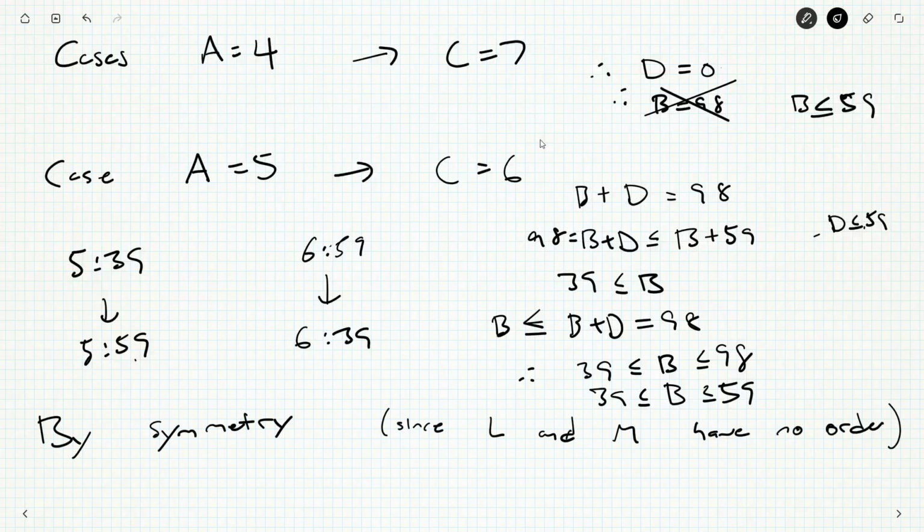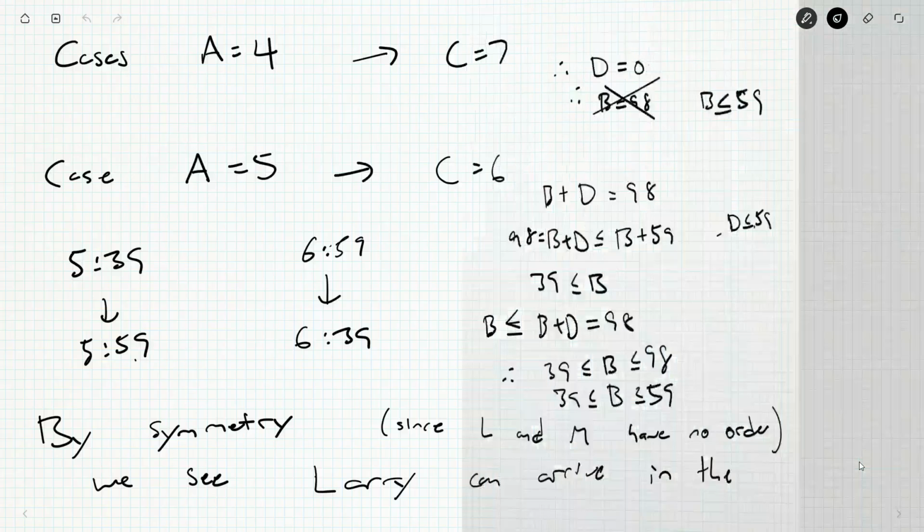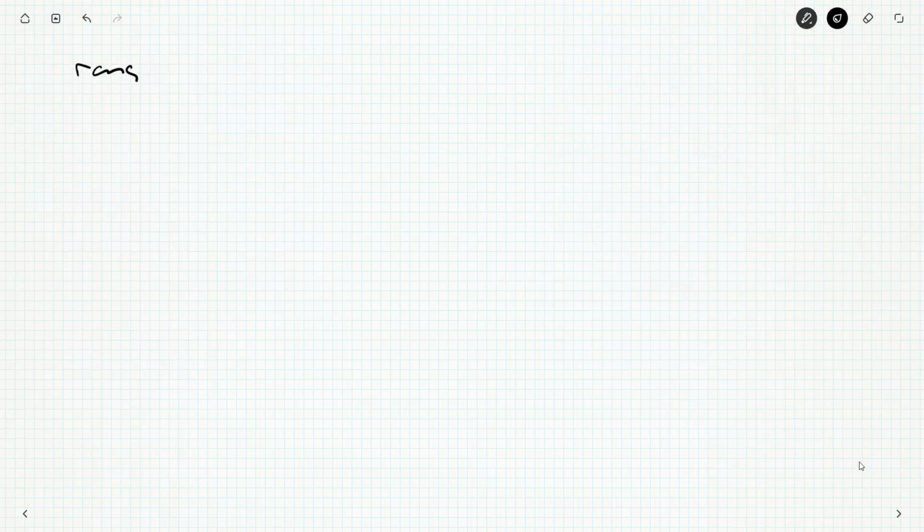Unlike the C part, where Carla had to arrive after Isaac and Jacob, we see Larry can arrive in the range 5:39 to 5:59 or 6:39 to 6:59.